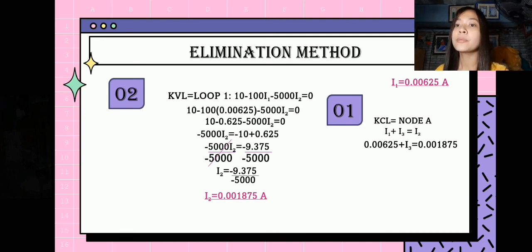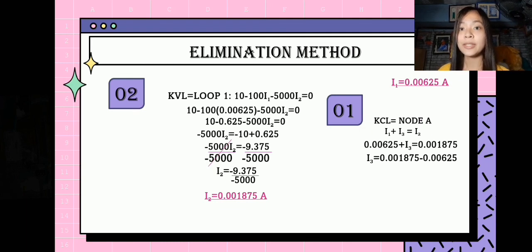After that, we will move 0.00625 to the other side so that I3 will be left on this side, and the result is I3 is equal to 0.001875 minus 0.00625. So this time, we need to subtract these two to get I3. And the answer that comes out is I3 is equal to negative 0.004375. So now, we have finished getting I1, I2, and I3.